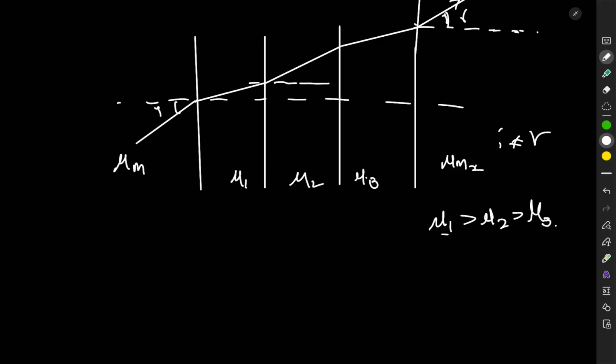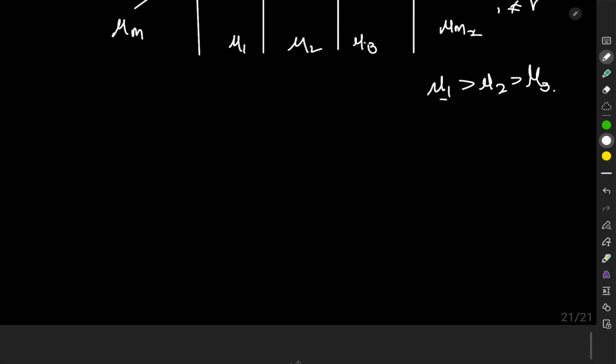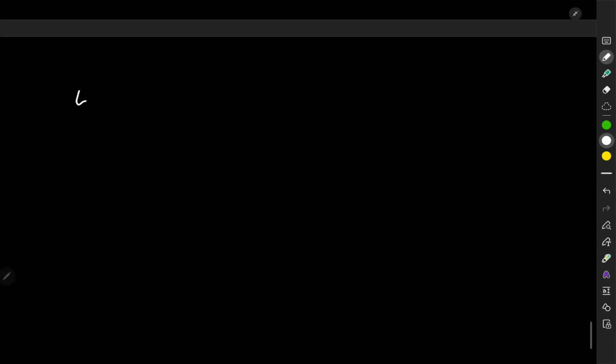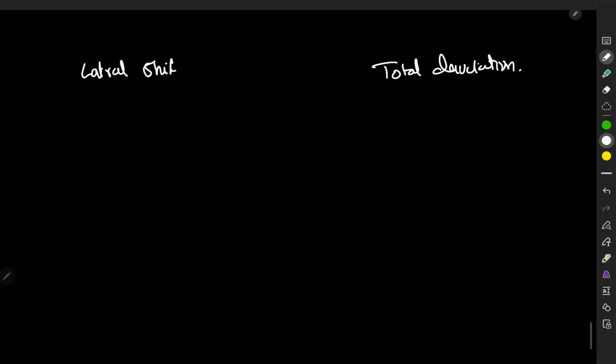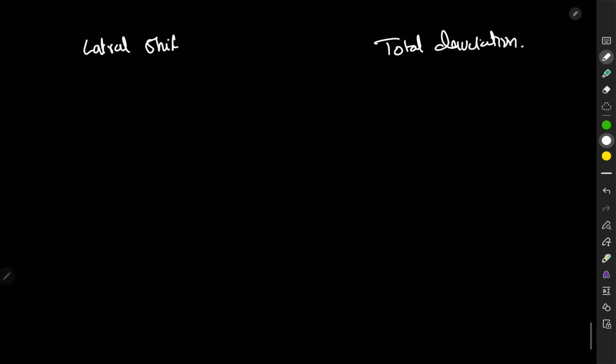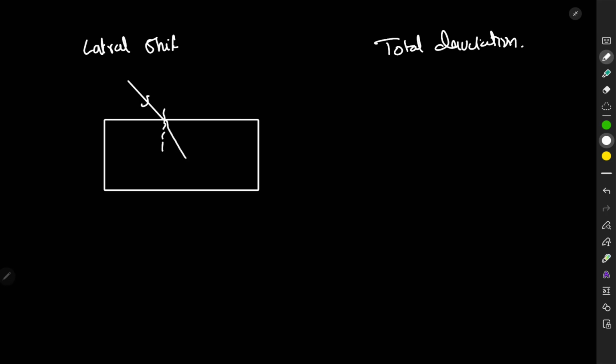Moving further, we will be seeing two concepts, which are called lateral shift and total deviation. Let us see what lateral shift is first. We incident on a glass slab. We know it goes like this, and here it comes out like this.